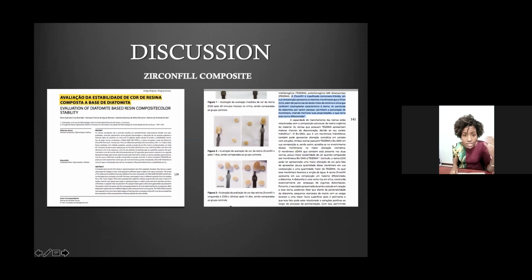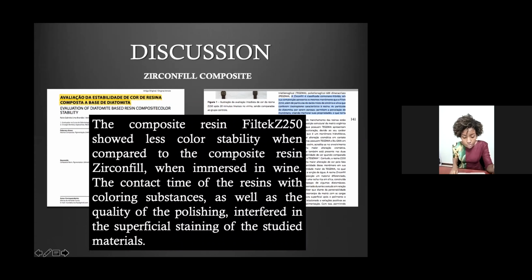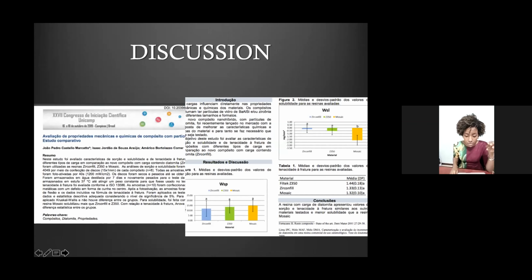And to conclude the discussion, I have one of the articles that is speaking about the means and standard deviations of sorption for the resins, and means and standard deviations of solubility. Why solubility?